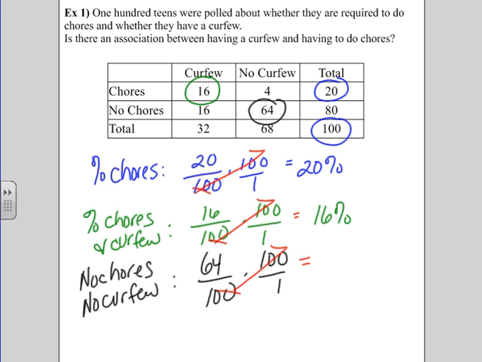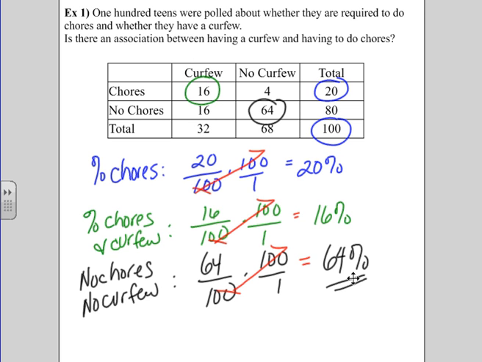And here we got 64%. That's a higher percentage. Remember, the higher the percentage, the more likely it is to occur. So more than likely, as I talk to students, teenagers, as I start polling them, I'm going to find it's more likely that they have no chores and they have no curfew.